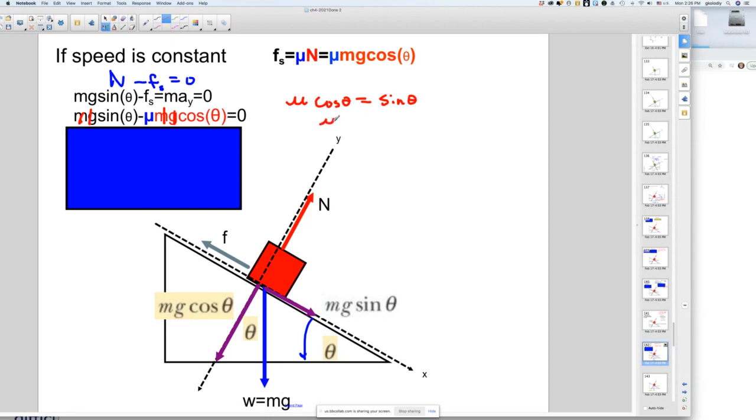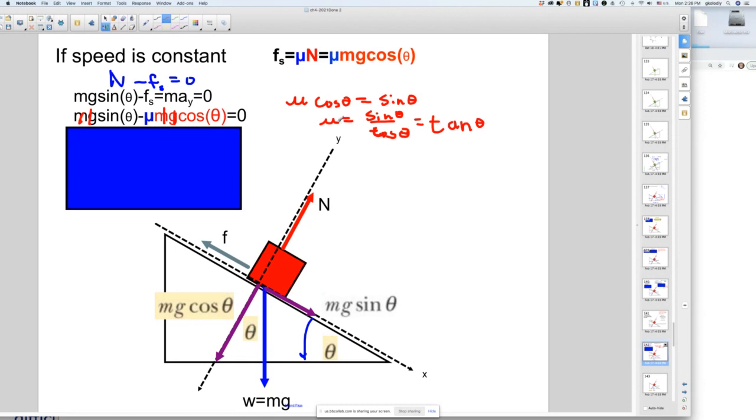Now I'm going to solve this for mu. Mu is equal to sine theta divided by cosine theta, which is tangent theta. This whole thing is tangent theta. Sine over cosine, if you remember from trig, is tangent.